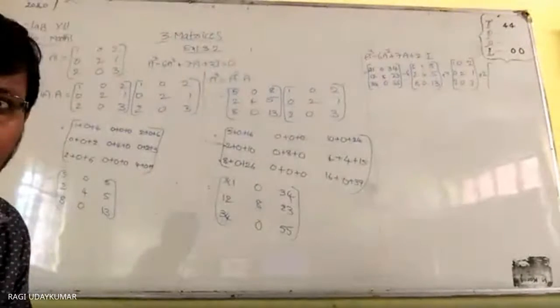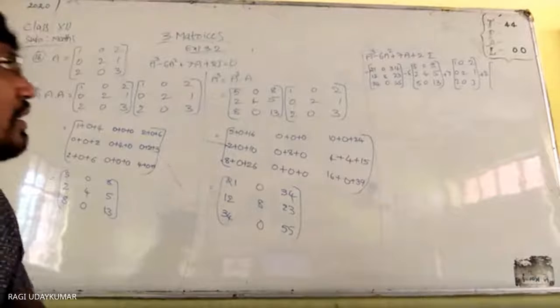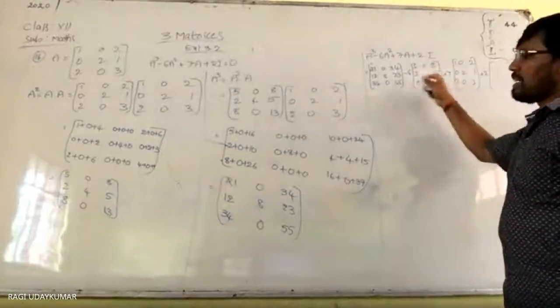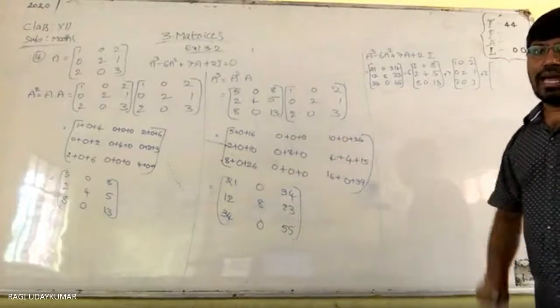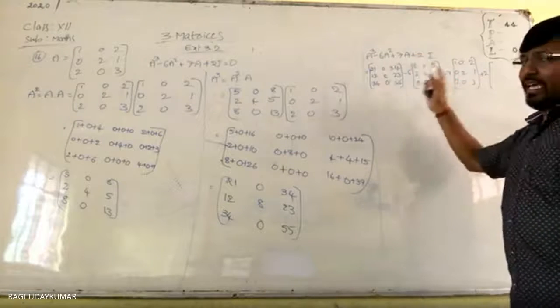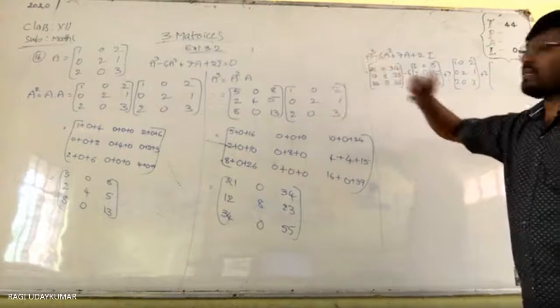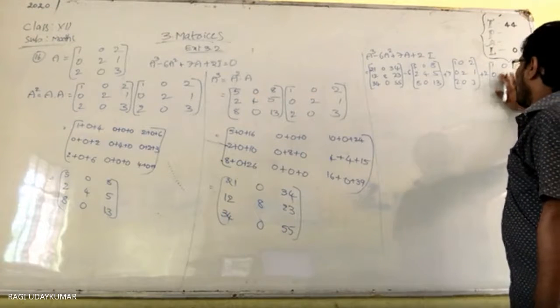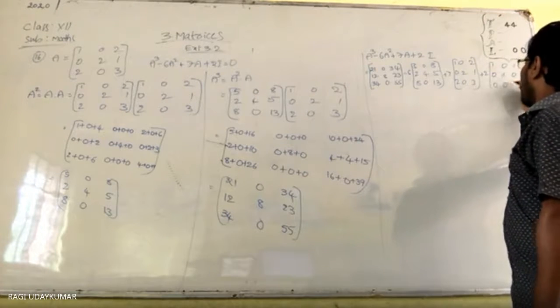Yes, sir. Now here I have written A cubed and minus 6 A squared. A squared is whatever we got, that I have written. Next plus 7A, 7 into matrix A. 2I is nothing but 1 0 0, 0 1 0, 0 0 1 like this.